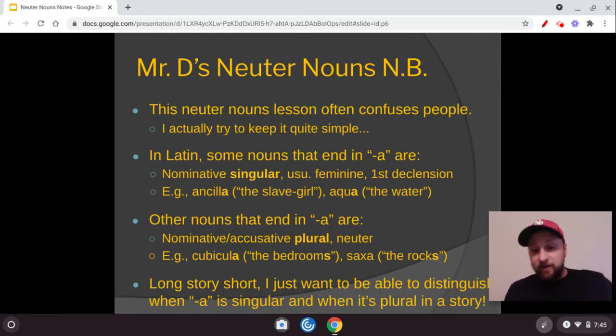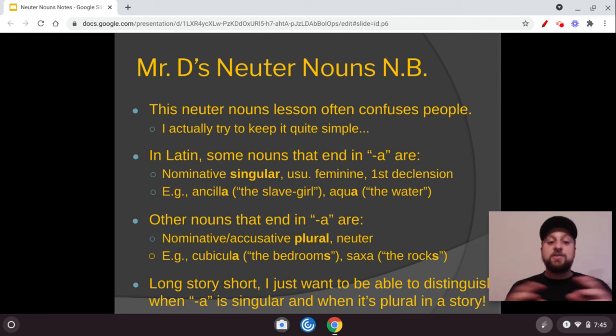We know that the regular word for rock is saxum. When you make it saxa, change it to an -a ending, it becomes rocks, plural. So again, all four of these words, ancilla, aqua, cubicula, and saxa, end in -a, but these two, because their regular forms end in -a, are singular: one slave girl, one water. Here, cubicula and saxa have been changed from cubiculum and saxum, and so they are plural, the bedrooms, the rocks.